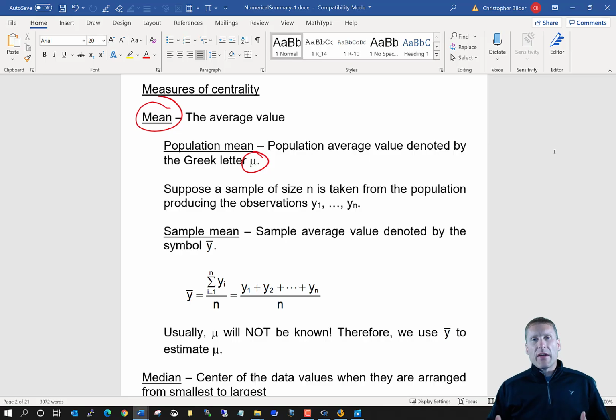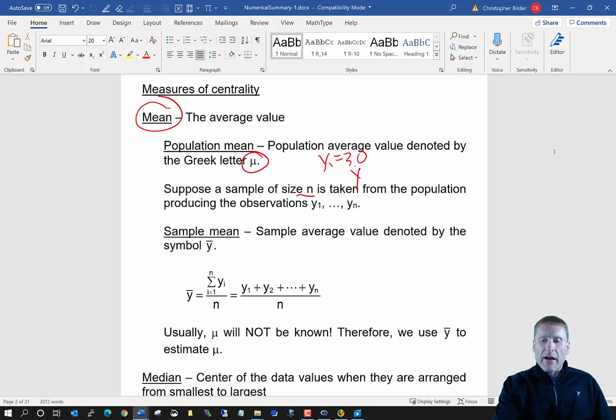But let's suppose that we take a sample from this population. The sample is of size n, and we get particular observations. Again, we are observing values of our variable of interest on items that have been sampled from the population. If we think back to the GPA example, the first value that we get is denoted in a generic manner as Y1, and maybe that was 3.0.